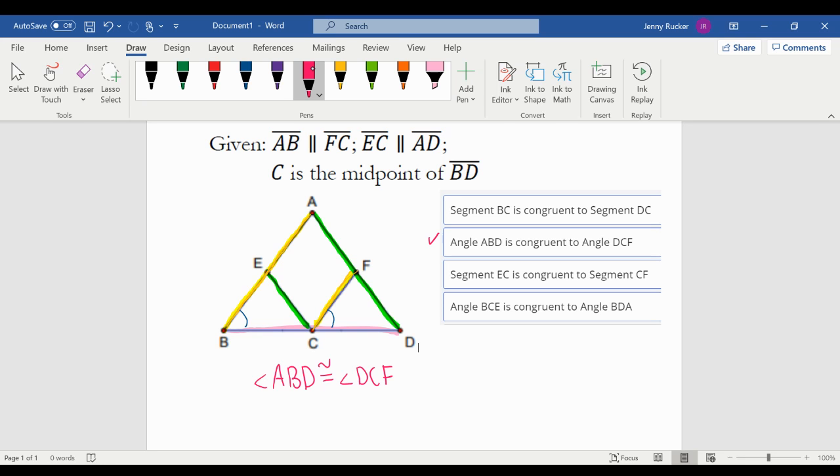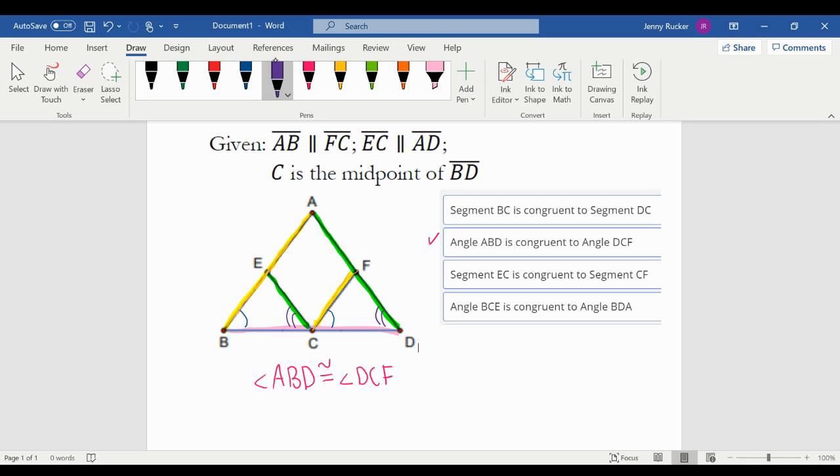Let's take a look at angle BCE and angle BDA. If we use the green set of parallel lines and the same transversal, the pink one, line segment BD, these angles with the two tick marks are congruent because they are corresponding angles.